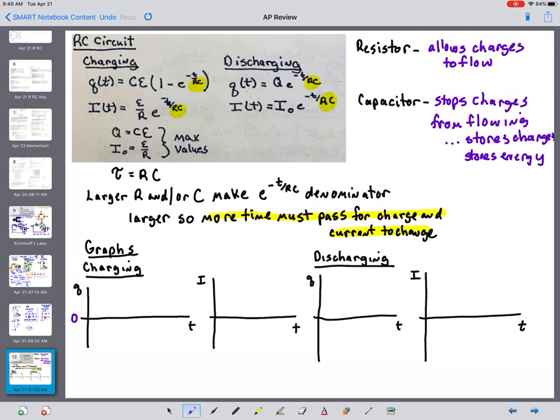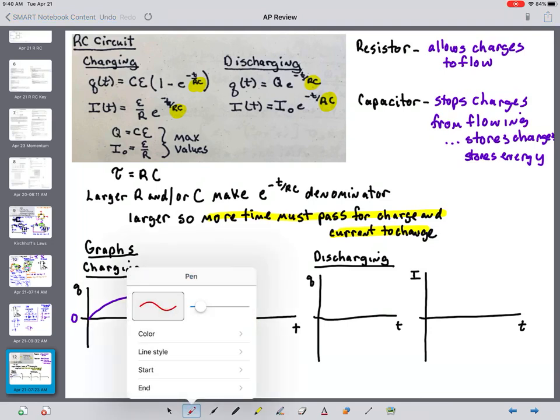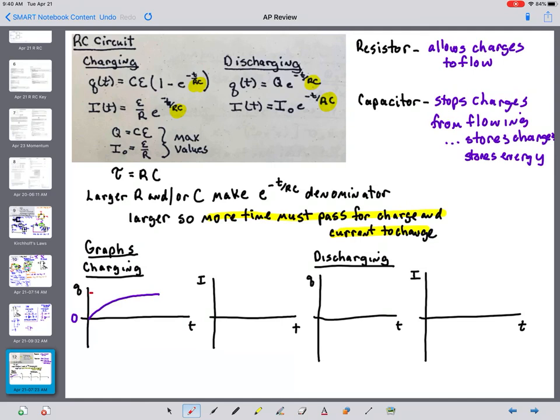As that switch remains closed, charges are going to move, they're going to flow, and that capacitor is going to build up charge. So you're going to approach that maximum amount of charge as an asymptote, and that maximum amount of charge would be C times EMF.